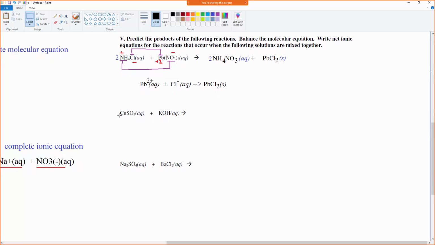All right. What would you predict if I mix copper sulfate plus potassium hydroxide together? Good, we're going to mix the copper with the hydroxide and the potassium with the sulfite.